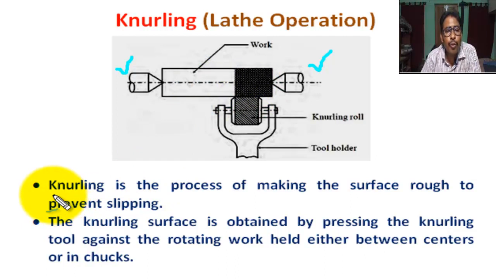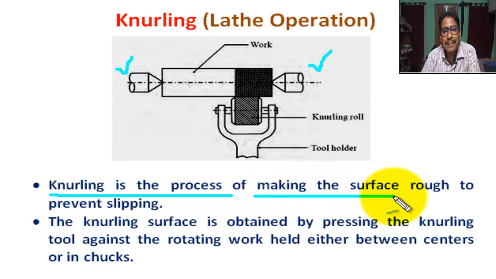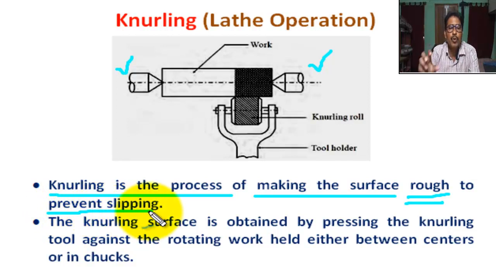So knurling is the process of making the surface rough, to prevent slipping when we use it for gripping purposes.